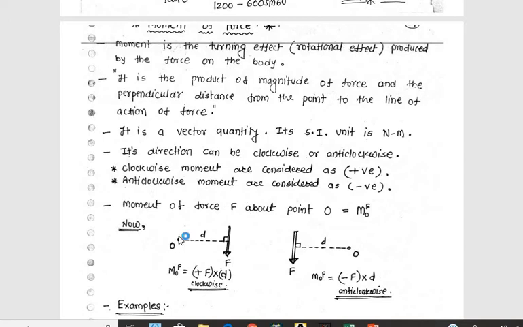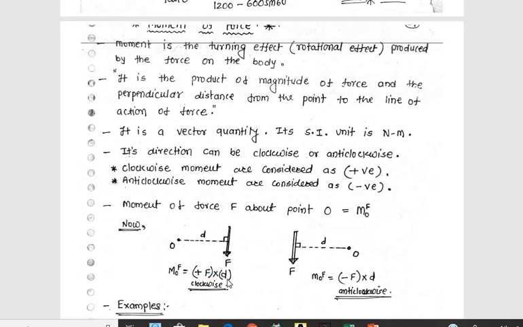See, this is the point O, and this is the force acting at a distance d from this point. Now this force is creating a clockwise moment about this point. It should be written as MOF, meaning moment of force about point O. The moment of this force about point O is equal to plus F into d, clockwise. Why plus? Because it is a clockwise sense.